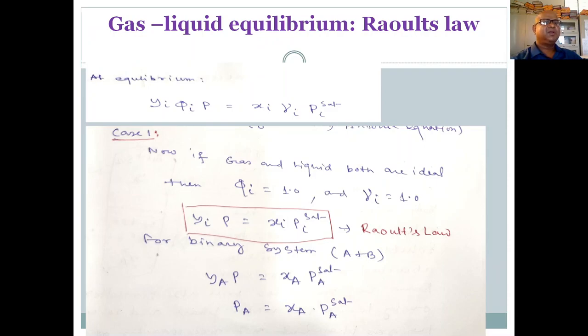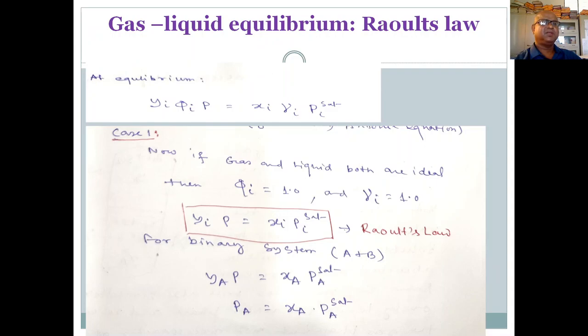And in mass transfer, why is Raoult's law widely applied? Because in mass transfer processes, generally pressures are low, 1 atmosphere or 1.5 atmospheres. But if it is, let's say, 200 atmospheres, then Raoult's law will not be applicable.